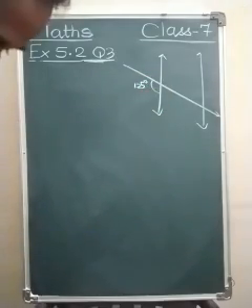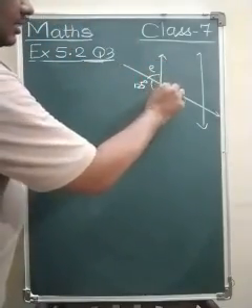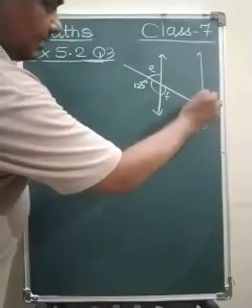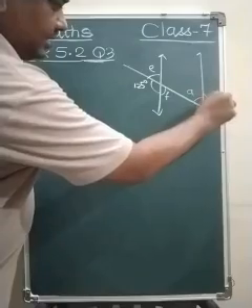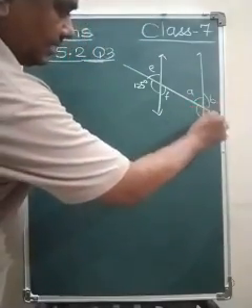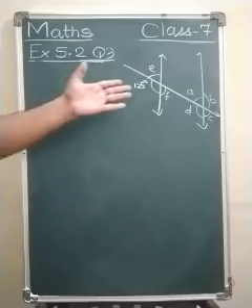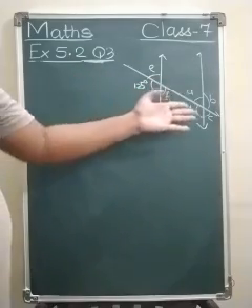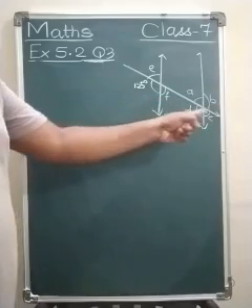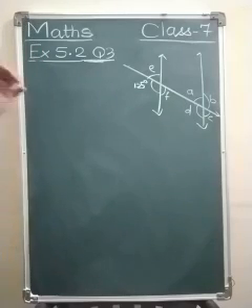Here is E. Here is F. Here is A. Here is B. Here is C, and here is angle D. So we have to find all the measures of angles A, B, C, D, E and F.